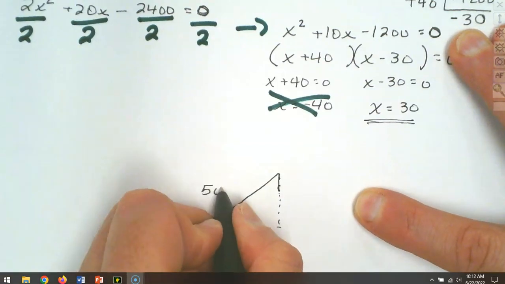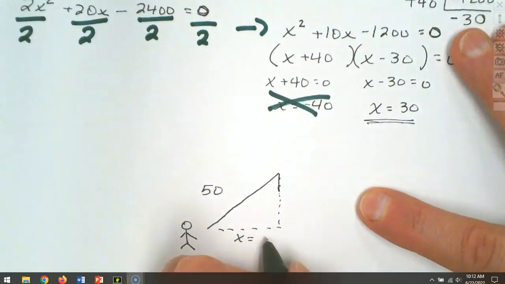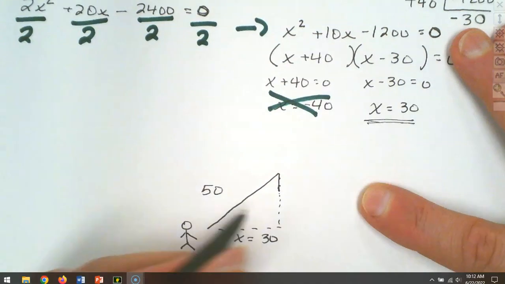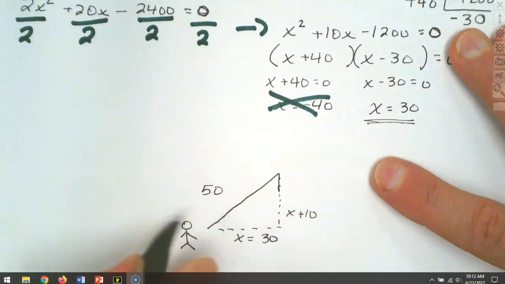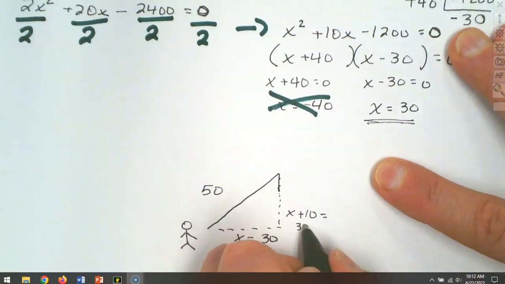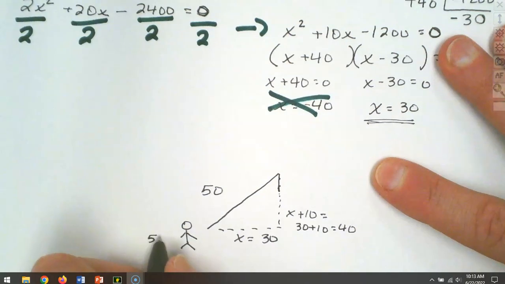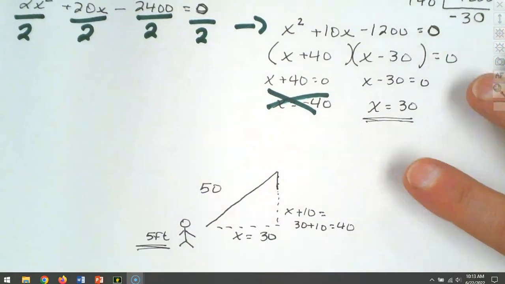So we found that to be 50. This one is x down below, so that's 30. And this one's x plus 10. So that's 30 plus 10, which is 40. Now, we need to make sure we take into account the fact that he's 5 foot tall.